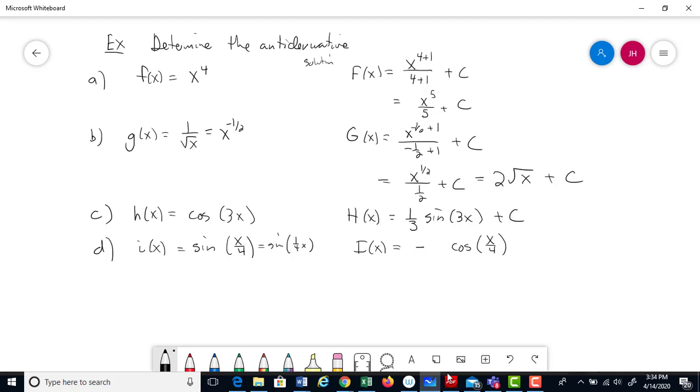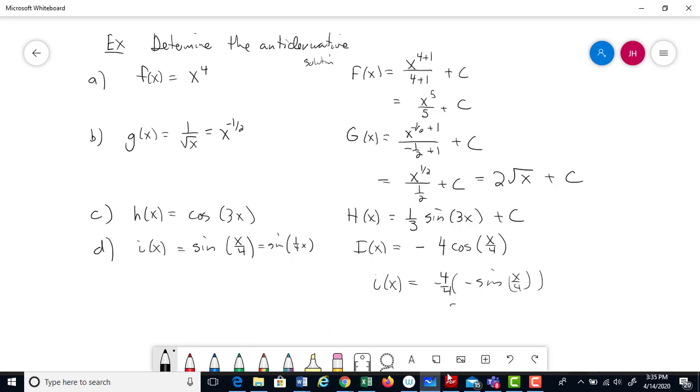Now, when I take the derivative of this, I'm going to have 1/4 times x. When I take the derivative of the inside part, I'm going to have a multiplication of 1/4. So if I work on this, well, the derivative of minus cosine is going to be equal to a minus sine of x over 4, right? So we're good there. But then I'm going to have to multiply by 1/4, so I'm going to have a 1/4 here. So I'm going to have a plus 1/4 sine, but I don't want a plus 1/4. So the way we get rid of this 1/4 is put a 4 here, because then I'd have a 4 here now, right?